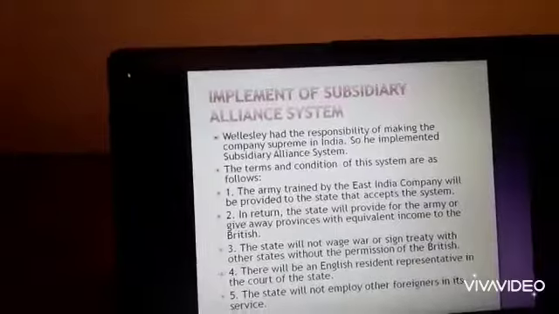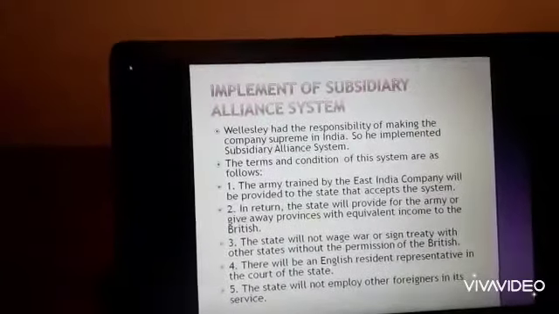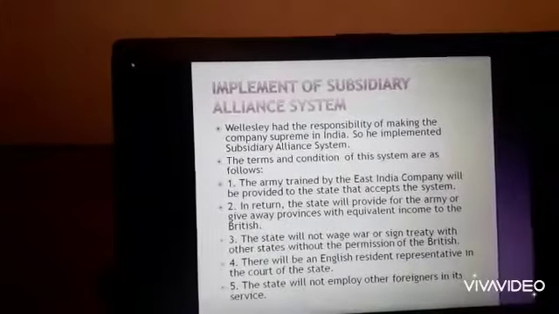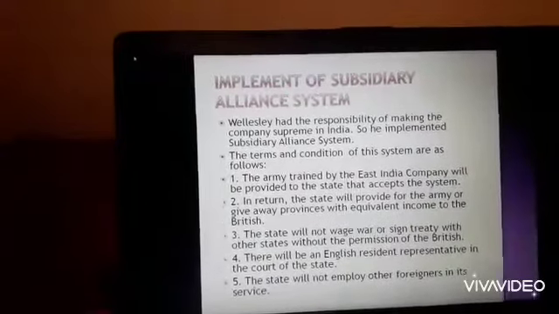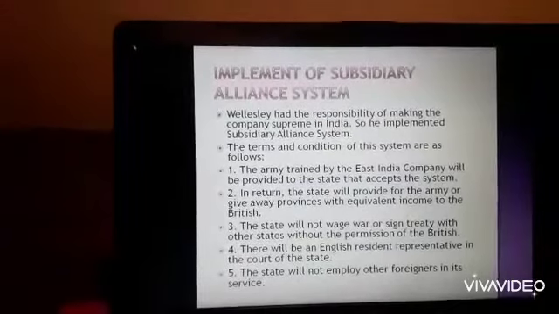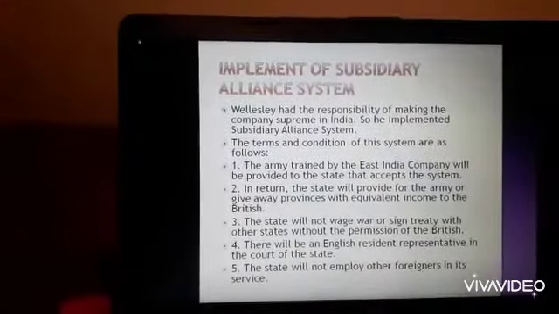They are as follows. First, the army trained by the East India Company will be provided to the state that accepts the system. Second, in return, the state will pay for the army or give away provinces with equivalent income to the British.